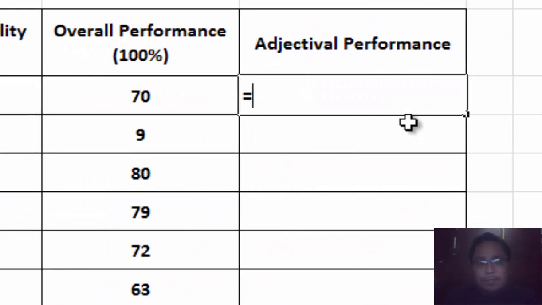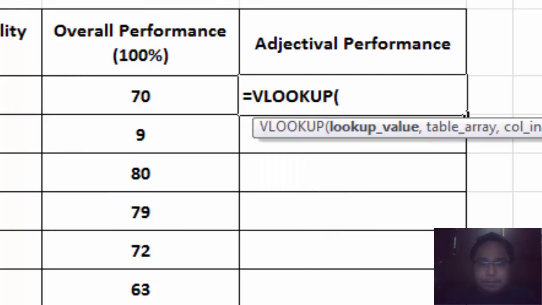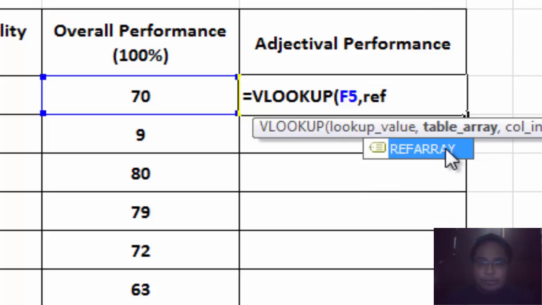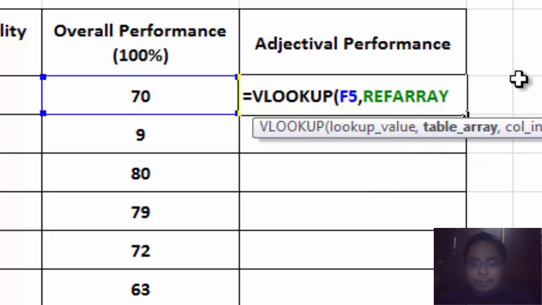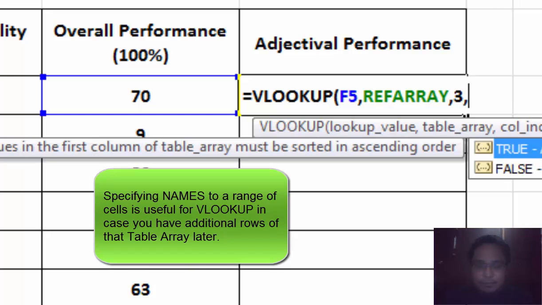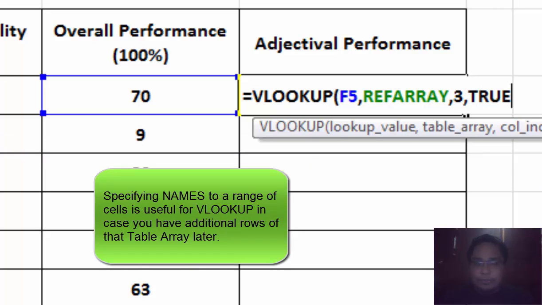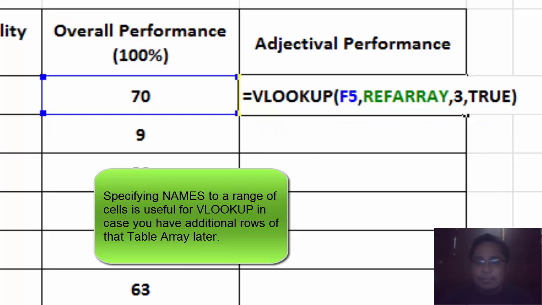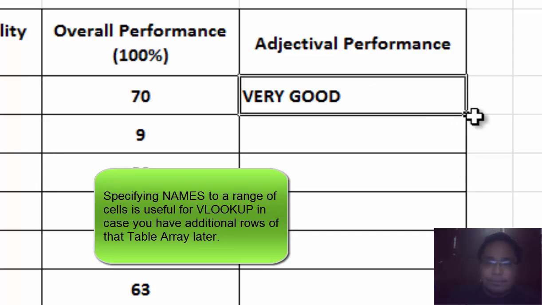For example, I'm going to do VLOOKUP and then the lookup value. Instead of highlighting this range of values, all I have to do is type ref array, and it's here. Ref array, then comma, column 3, because we're going to use the adjective, and still TRUE to find the approximate match, close.